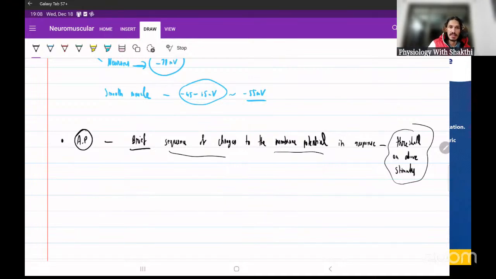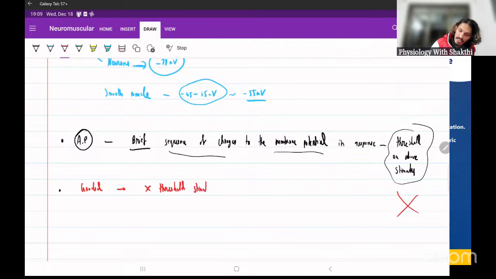Now, earlier we were asking, what is the difference between action potential and graded potential? Graded potentials are different, in that it does not have to be a threshold or above threshold stimulus. It can be any stimulus. So graded potentials are not caused by a threshold stimulus.